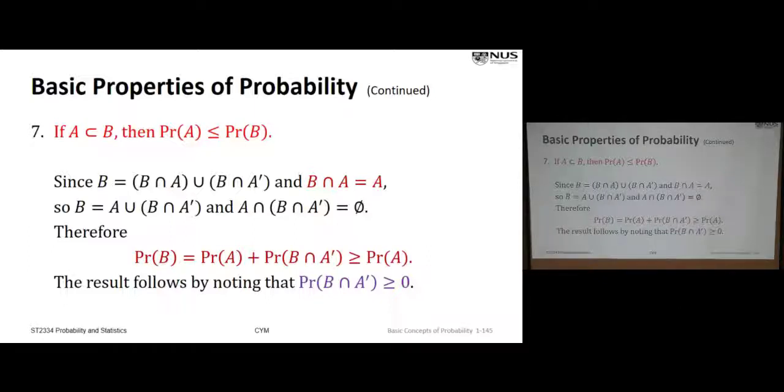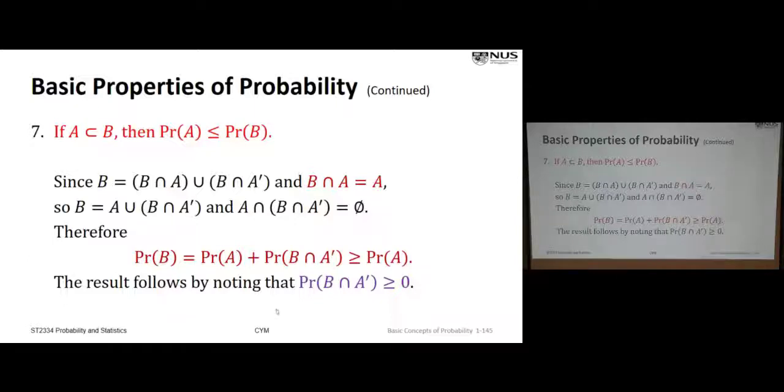That will help you to understand proofs in other approaches in mathematics. Now here it is natural. A is a subset of B. Of course, the chance of A is less than or equal to the chance of B. But here I try to prove that based on all the axioms as well as the properties that we just derived.